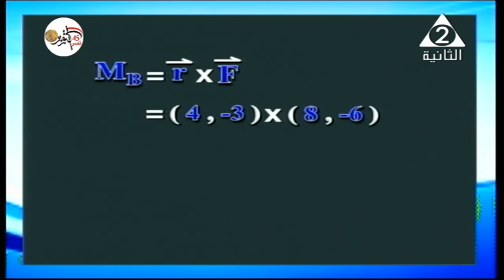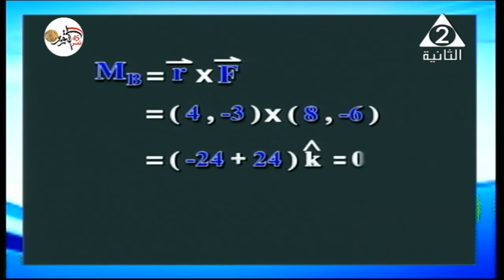Look at, my dear student, we have our vector (4, -3) and the F vector, the force (8, -6). We multiply 4 times -6, which is -24, minus -3 times 8, which equals +24, in the direction of the k vector, which equals the zero vector.